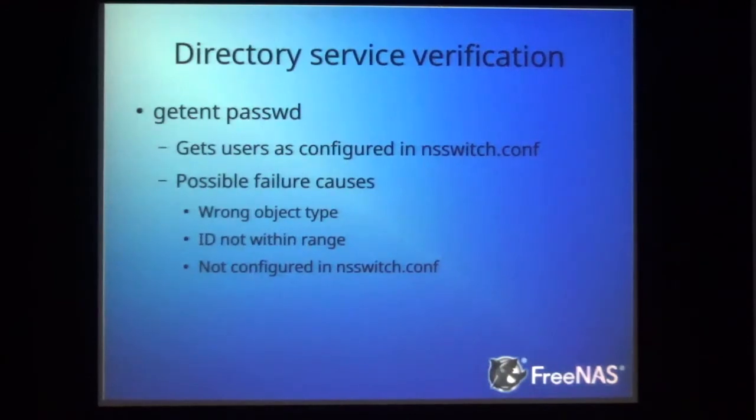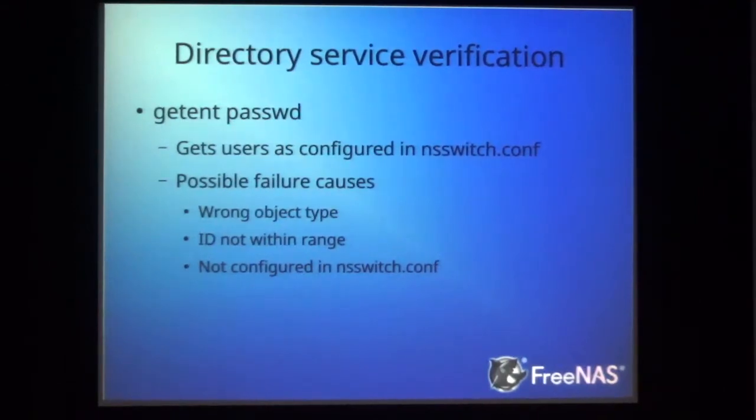If you have a directory that has a range from like 10,000 to 20,000, and then someone fiddles with the range in the directory service configuration and sets the numbers outside of that range, even though everything works, you won't see those users. So the users have to be in that range, and that's one of the problems that we often see when people fiddle with that.